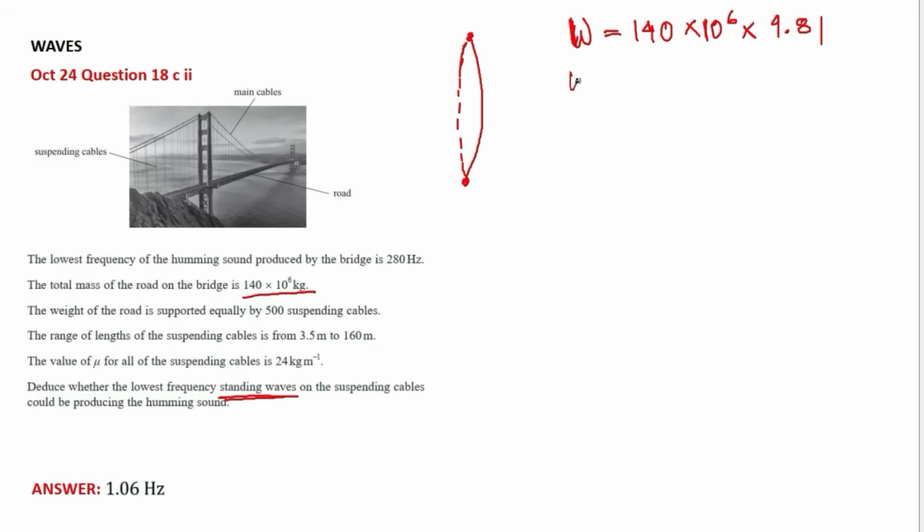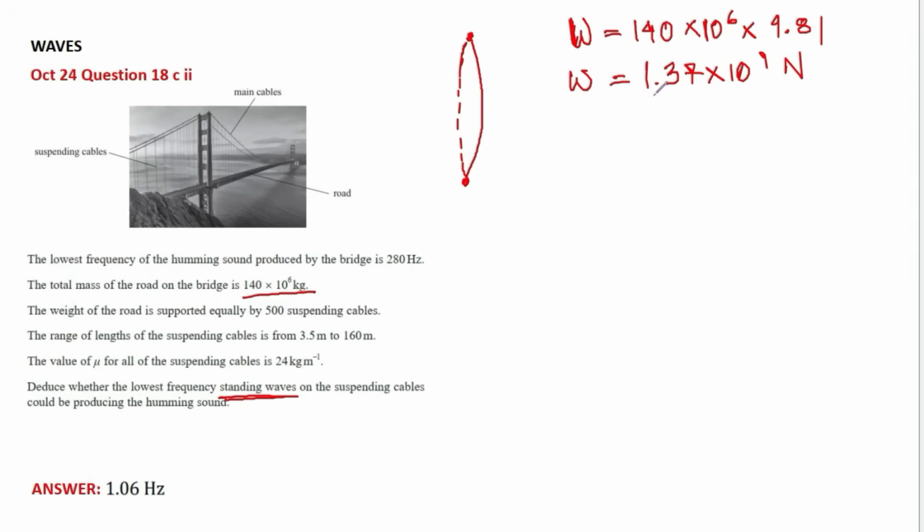And the value that you get is 1.37, the entire weight of the bridge. 1.37 times 10 to the power 9 Newton.